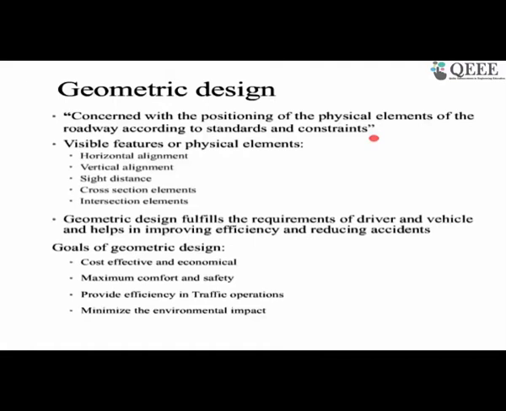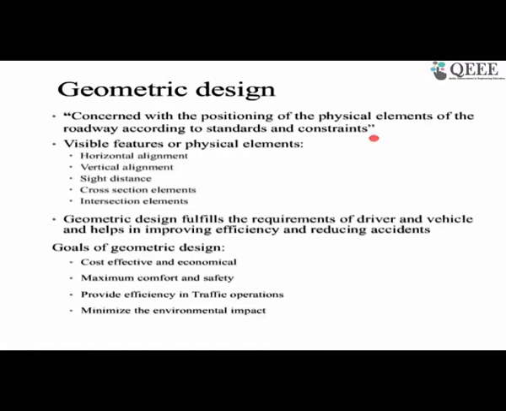They look into the horizontal alignment, whether there is a curve ahead, whether this is a tangent section, all those things. The vertical alignment, whether this is a vertical curve or gradient, whether there is a gradient or not, that is the vertical alignment. Sight distance, how far a road is visible for a driver. So that length is actually part of the geometry.